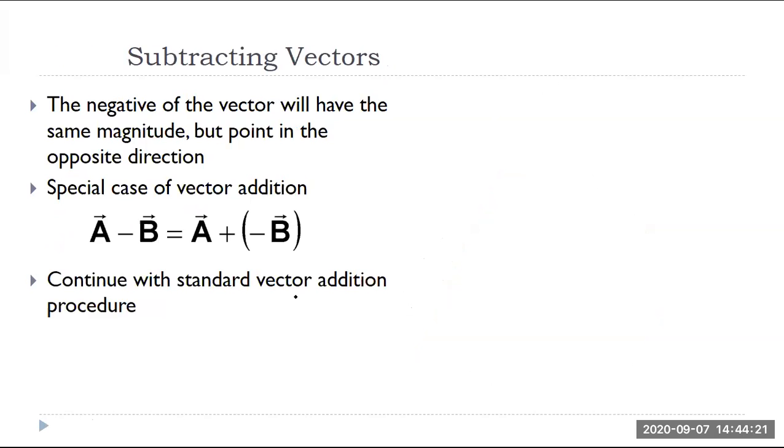One of the things we're going to have to do is subtract vectors, because acceleration, as we know, is just the final velocity minus the initial velocity. And all of those terms are vectors, right? Acceleration is a vector, velocity is a vector. So I'm going to need to be able to subtract vectors. Well, subtraction essentially works similar to addition.